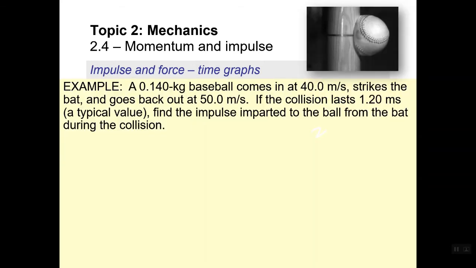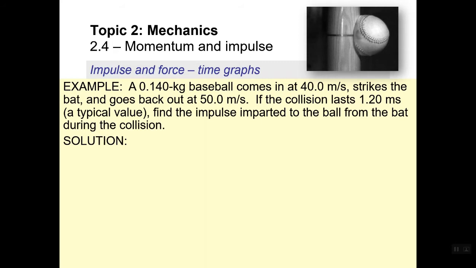A 0.14 kilogram, or 140 gram, baseball comes in at 40 meters per second, is struck, and goes back out at 50 meters per second. If the collision lasts 1.20 milliseconds, a typical value, find the impulse imparted to the ball from the bat during the collision. Since velocity is a vector quantity, momentum, which is mass times velocity, is also a vector quantity with direction.